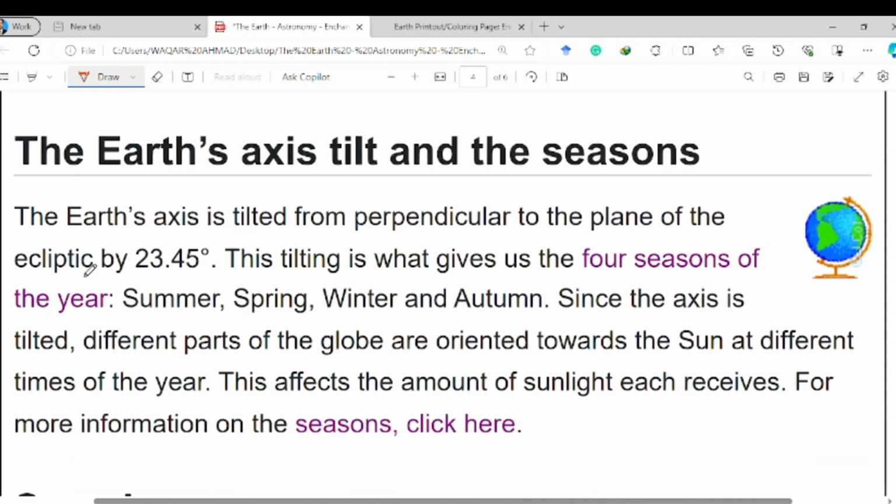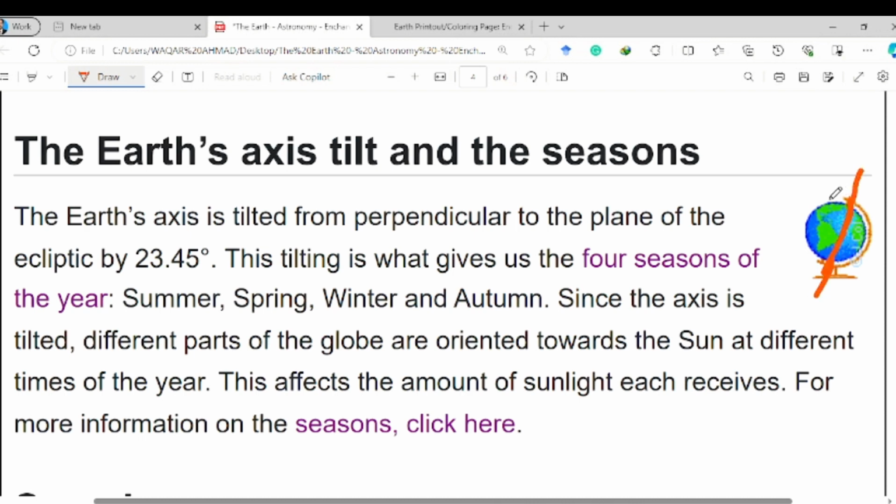Okay, the Earth exists at a tilt from the perpendicular to the plane of the ecliptic of around 23.45 degrees. This tilt is what gives us the seasons of the year. If the Earth is tilted, you can see here, I drew a perpendicular line, but you can consider it as a perpendicular line.